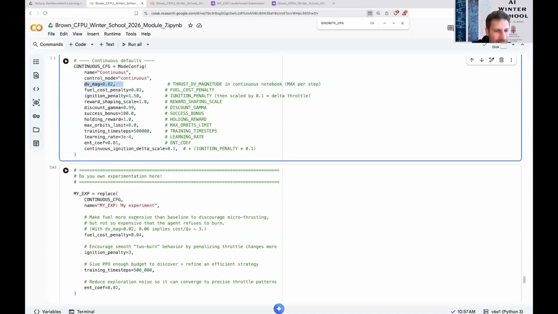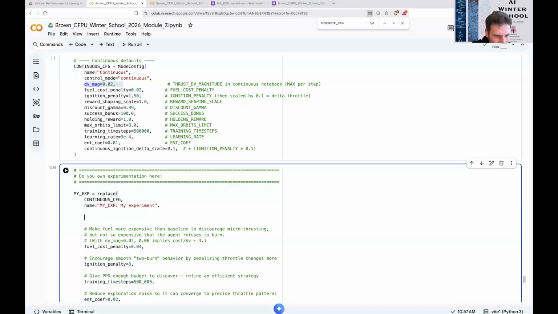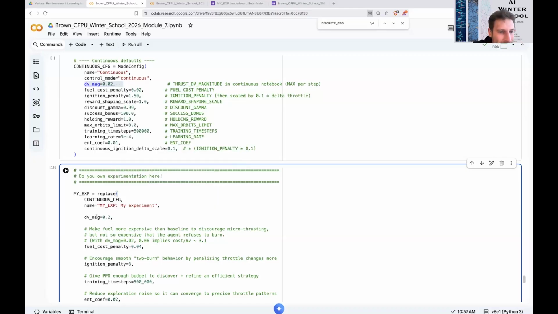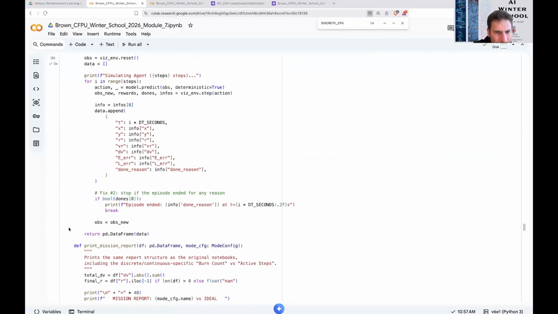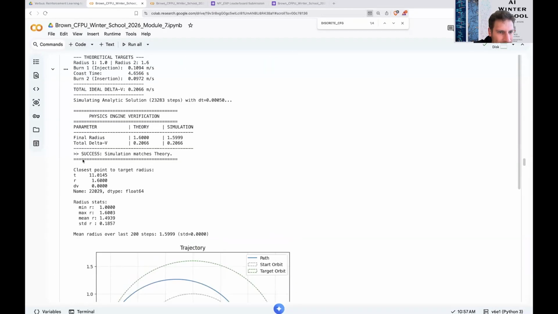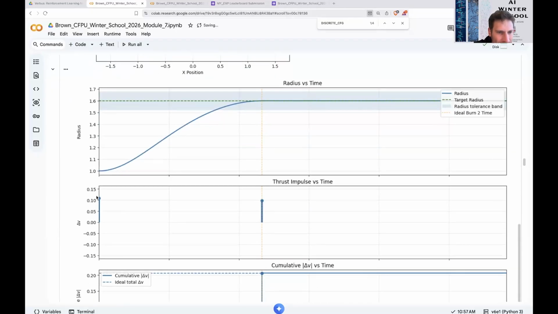In my offline experiments before, I found it was a little bit harder, as I mentioned, to get the convergence. But in principle, let's do it. I think delta V max or mag, you can kind of see what it would require based on the analytic solution if we scroll up. We have two burns of a bit above 0.1.